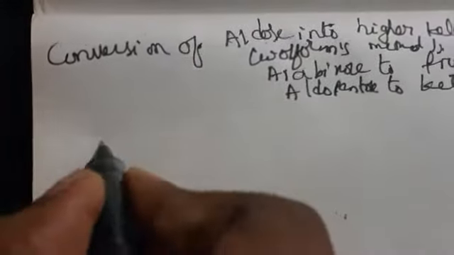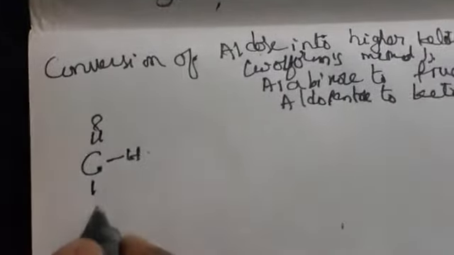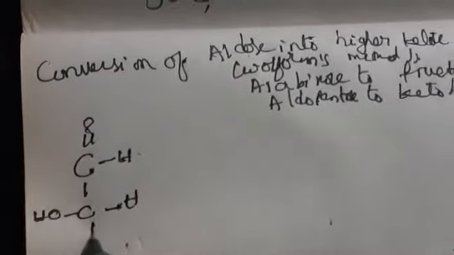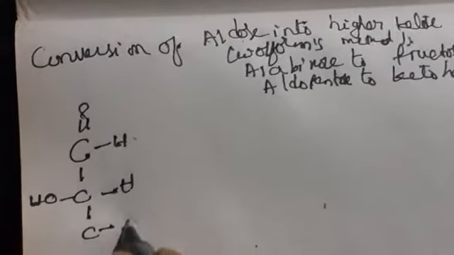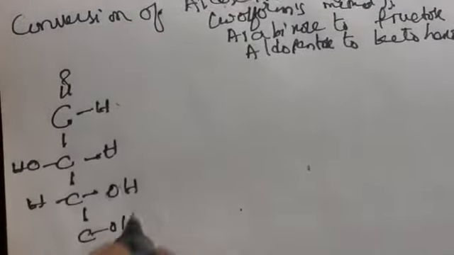So what is the formula of arabinose? I have written here, see. This is the formula of the arabinose. Means what we have to do here? We have to take the arabinose, that is C double bond O, H C OH, C OH, H C OH, H C H2 OH. So this is the formula of the arabinose.